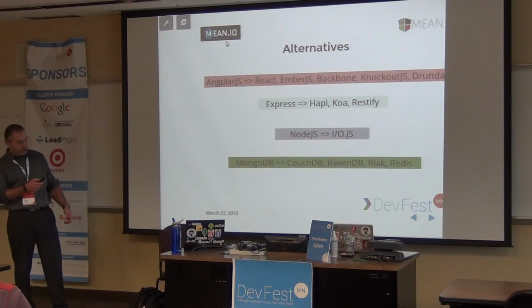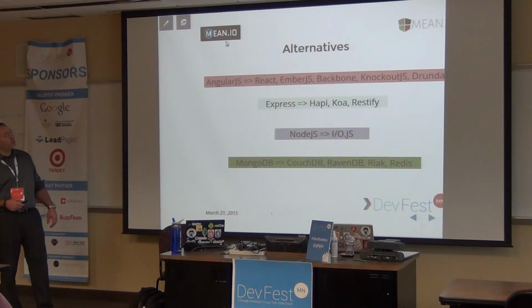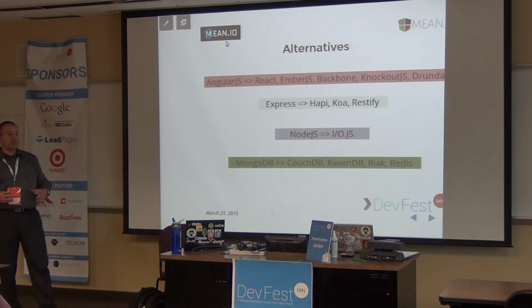So a lot of people, just in the last few months, are going to React and EmberJS, another rival framework. But I was talking earlier about TypeScript, and there's been some unification with these frameworks. There's a lot of good things I think going to come out in the next year or so.